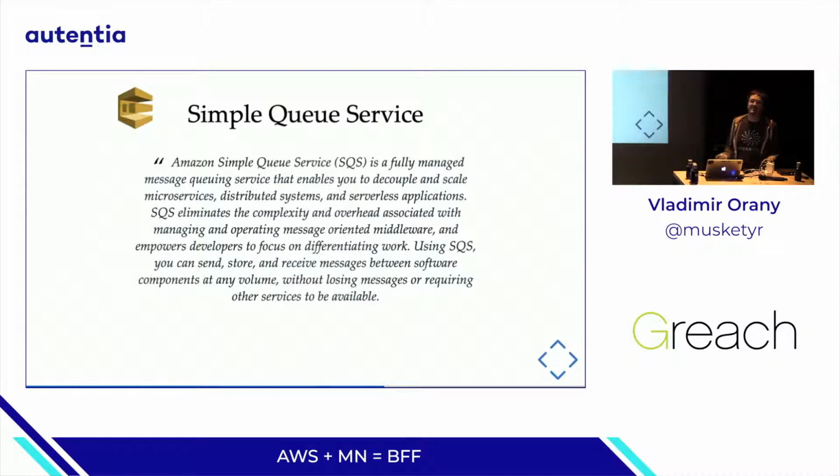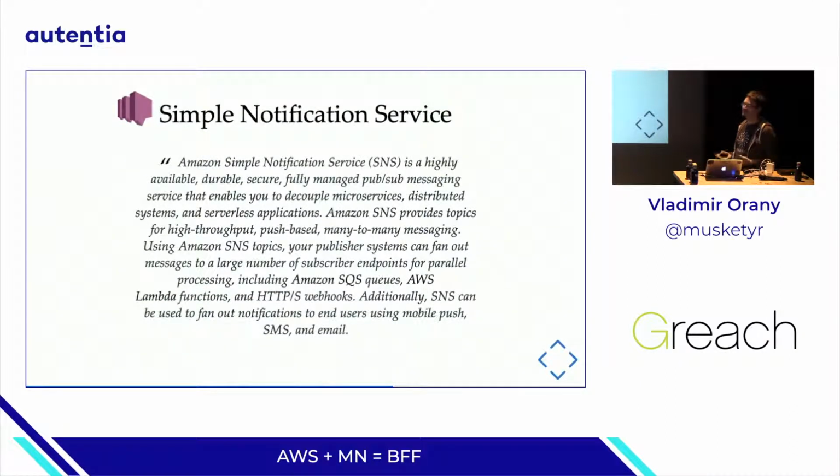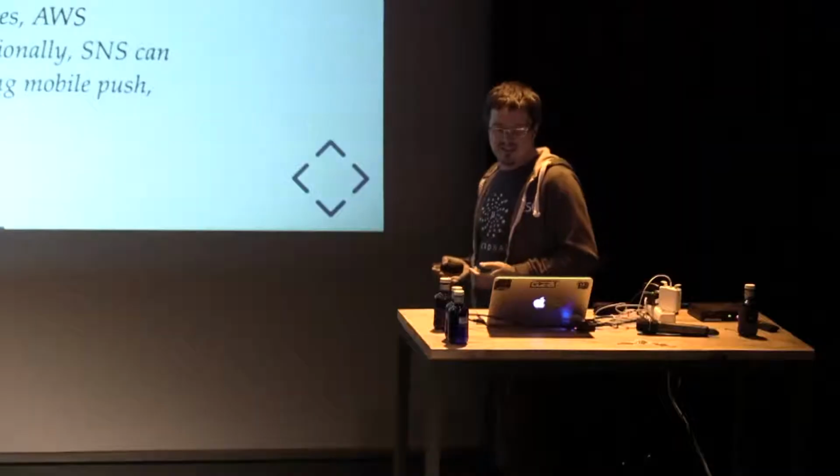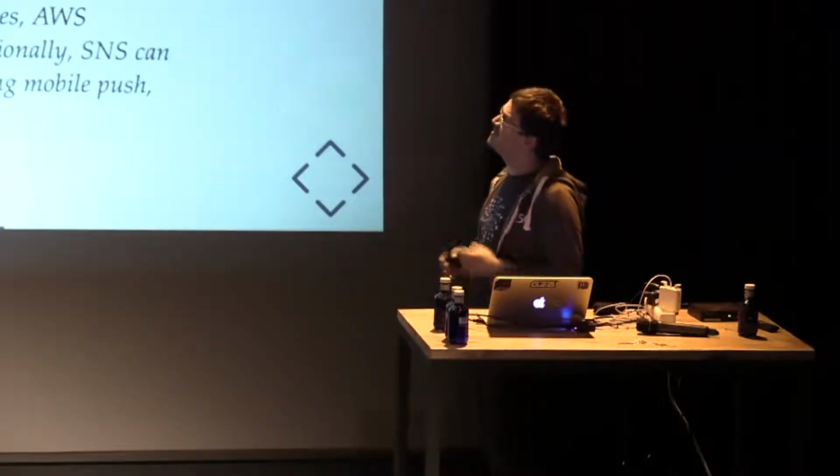So Simple Queue Service, it's a queue. The core feature is that you have a queue and you have one single consumer of the queue, which is going to grab the message from the queue, delete it, and handle it somehow. On the other hand, Simple Notification Service is the PubSub model. It's publish-subscribe.